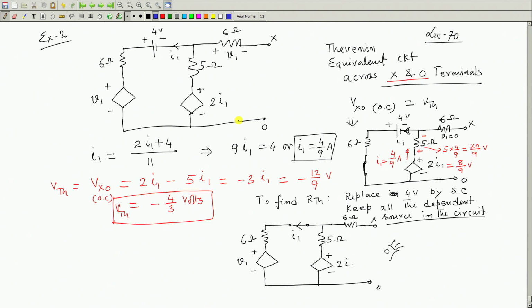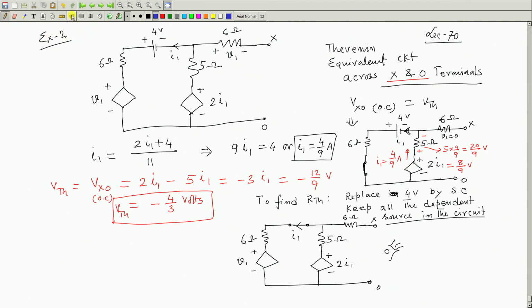If x and O are short circuited, if I can calculate that current, then this open circuit voltage divided by this short circuit current, which I am going to find out, will also give you R Thevenin's. It is a good practice to do that. It will then make your understanding much better, that in any case you must come out with a unique value of Thevenin's voltage and Thevenin's resistance.